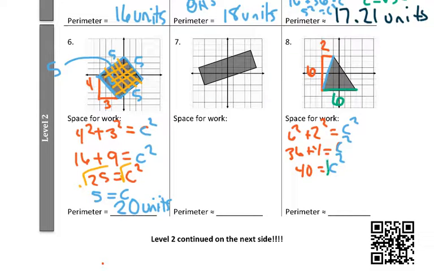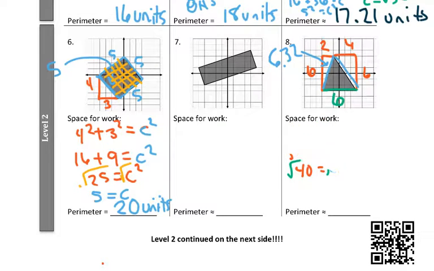Now we'll take the square root, and it looks like we're probably going to have to estimate here, and let's do that. So the square root of 40 is about 6.32. So let me write that right here. That length is 6.32. Okay, now let's find this other side length here. This is 4. This is 6.